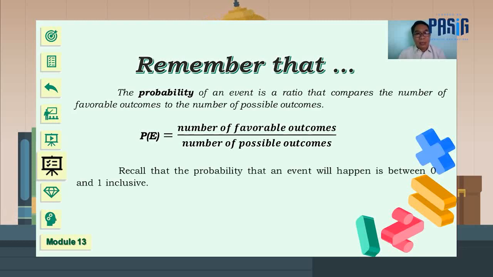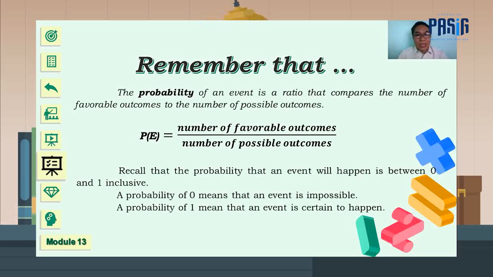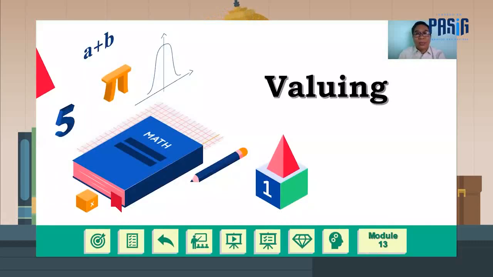Recall also that the probability that an event will happen is between 0 and 1 inclusive. A probability of 0 means that an event is impossible. A probability of 1 means that an event is certain to happen. The closer a probability is to 1, the more likely it is to happen.